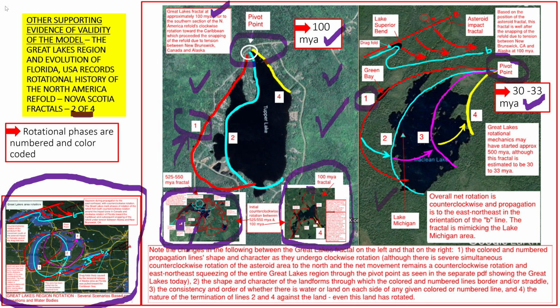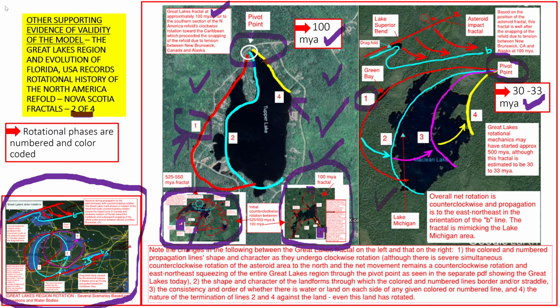So if you look at the right side insert that I'm checking, that's a 100 million year old fractal. And look at the orientation of Florida now as number 4. Highlighting number 4, you see up above, number 4 is here. So remember, this is in fact a 100 million year old fractal.